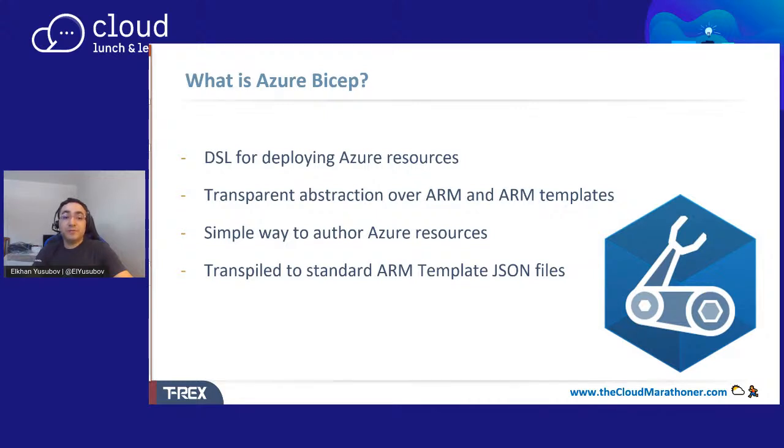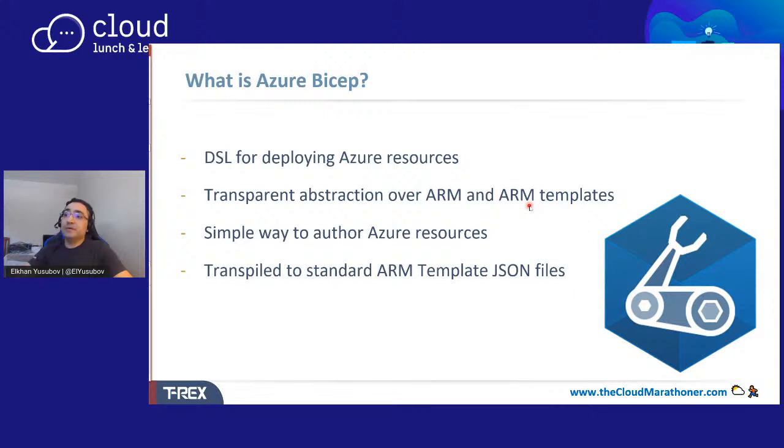This new language aims to make it easier to write infrastructure as code for developers and for DevOps engineers that typically create those things using ARM templates, and they provision that in order to maintain their Azure infrastructure. I'm just going to point out here that Azure Bicep is actually a transparent abstraction over ARM and ARM templates, and we are going to look into that on a graphic that's going to come next.